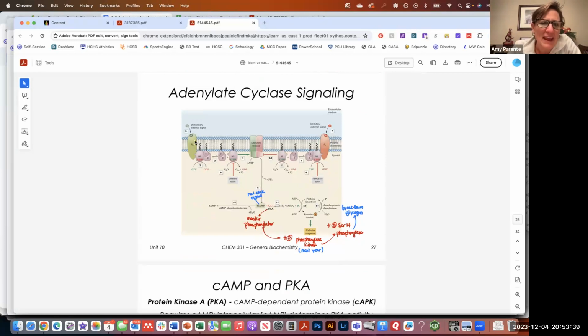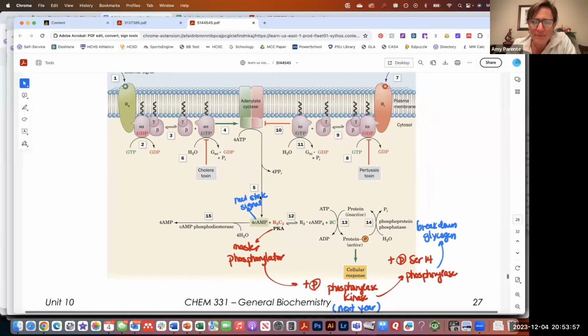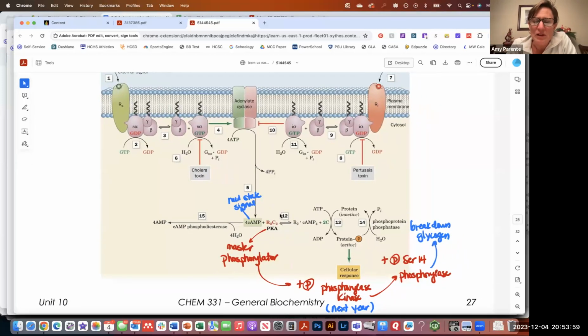But ultimately, when we have a stimulatory external signal, like glucagon or epinephrine, we're going to activate adenylate cyclase. Adenylate cyclase is the enzyme responsible for making cyclic AMP. Once we make cyclic AMP, we have the ability to activate PKA, a master phosphorylator.